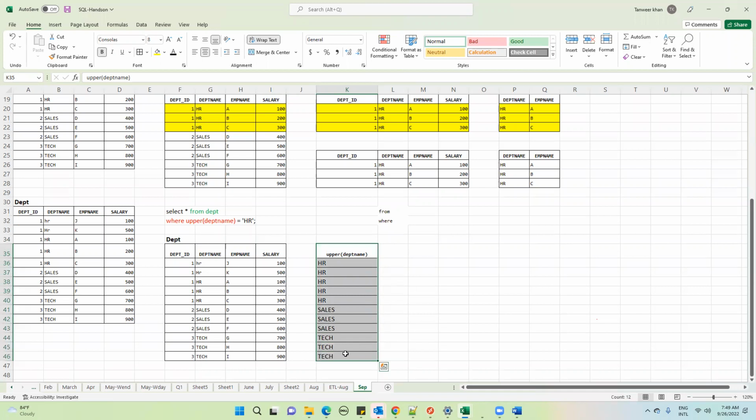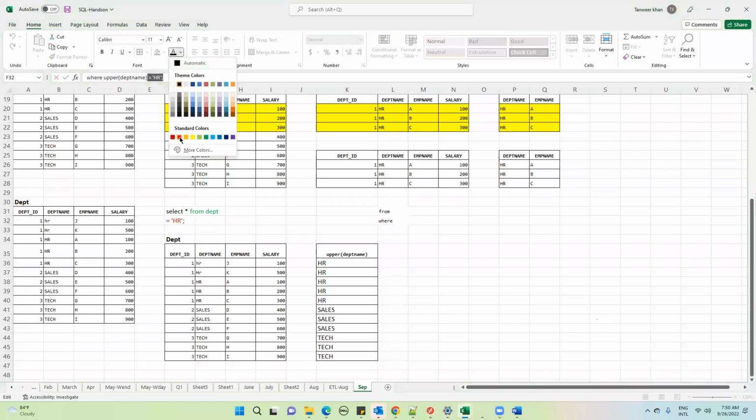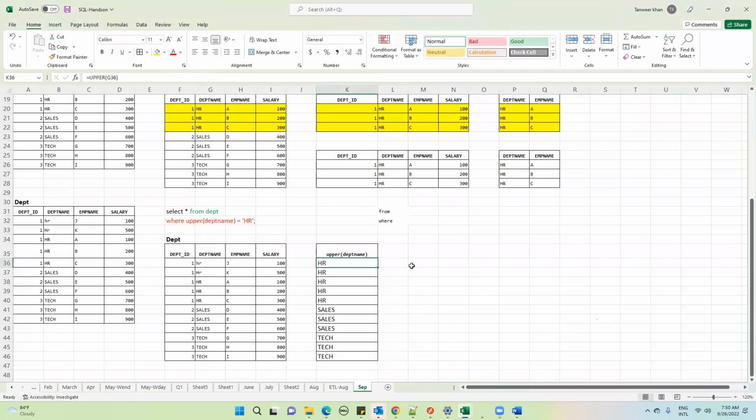Is this clear so far? So when you're writing UPPER department name, the SQL engine will convert all the department names to uppercase. Done. Then after this, it will check the next condition. What is the next condition? The user is telling it to compare this with HR, uppercase HR.